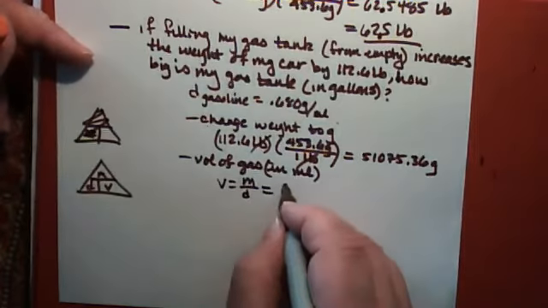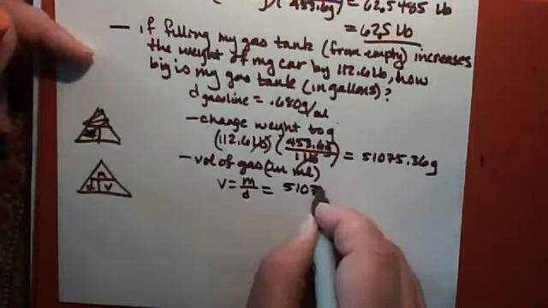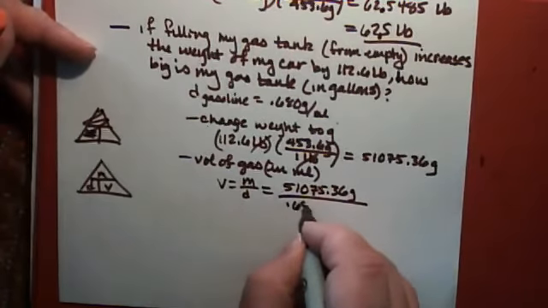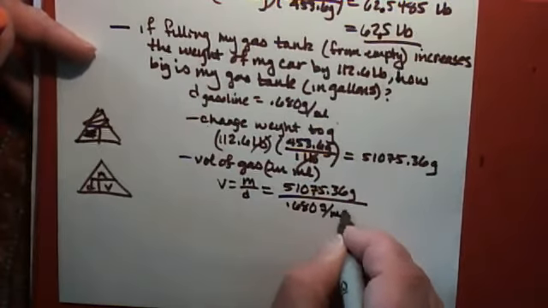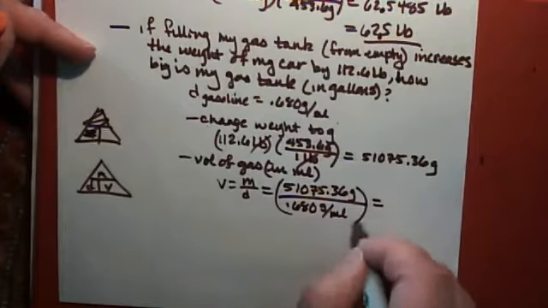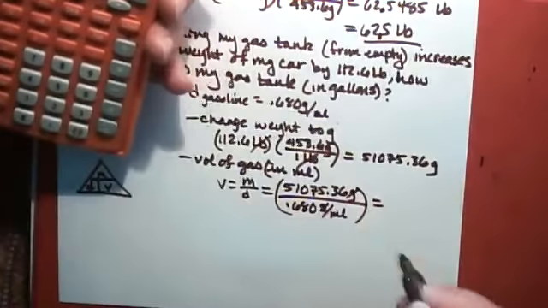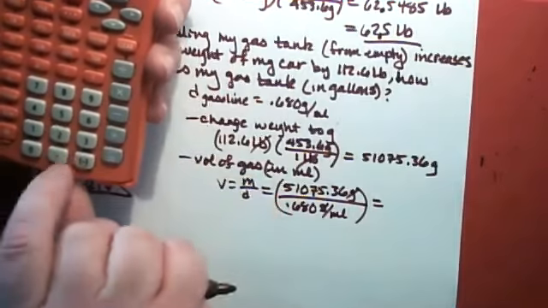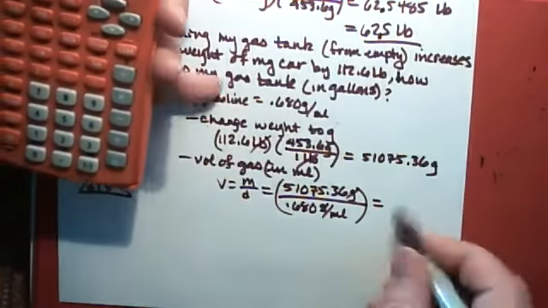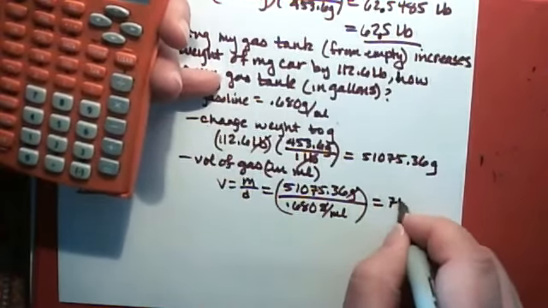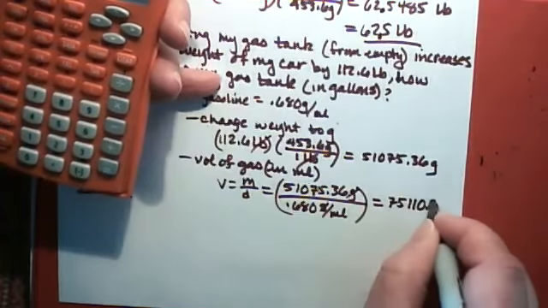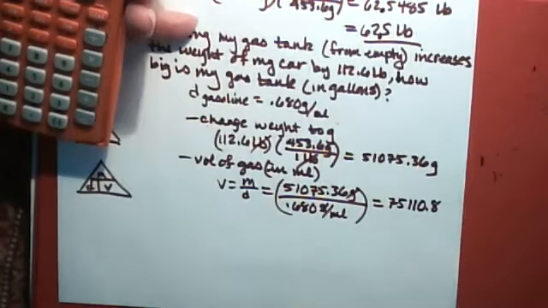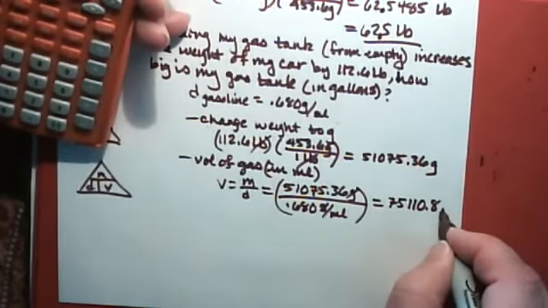And the mass is 51,075.36 grams, and the density was 0.680 grams per milliliter. Grams here will cancel out, and we'll end up with milliliters on the top, divided by 0.68, which equals 75,110.8 something milliliters.